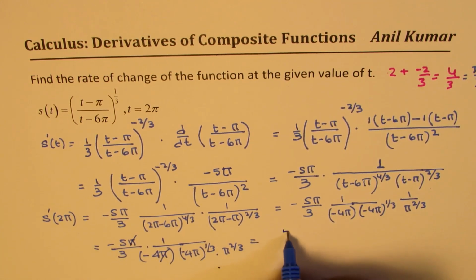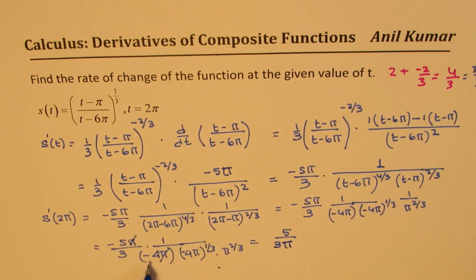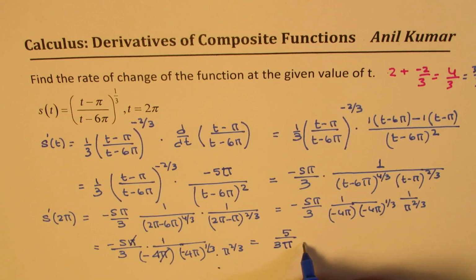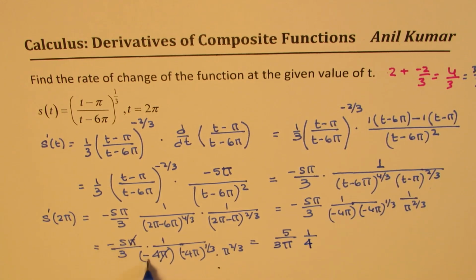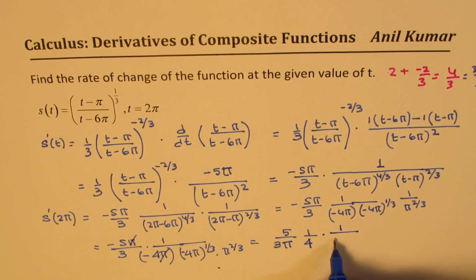So we get 5 over 3 pi, correct? And we have 4 outside times 1 over 4, after cancelling this minus, times 1 over minus 4 cube root. Correct? So that's what we get here.